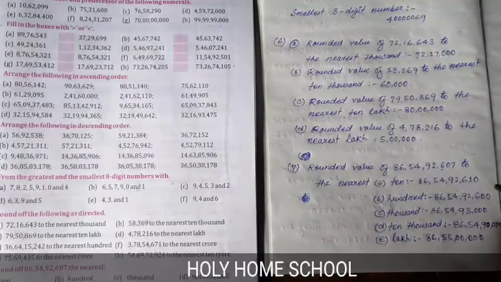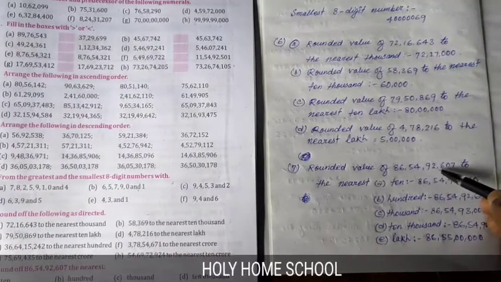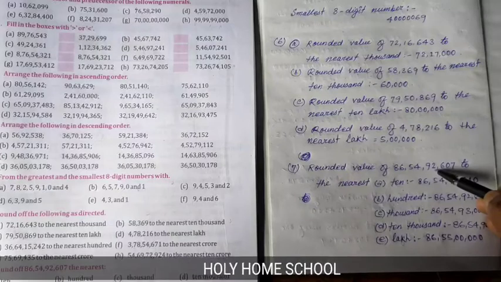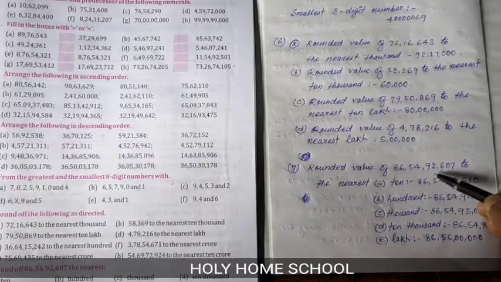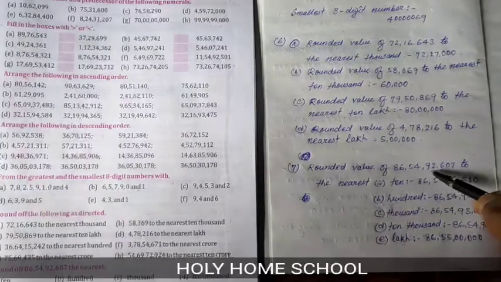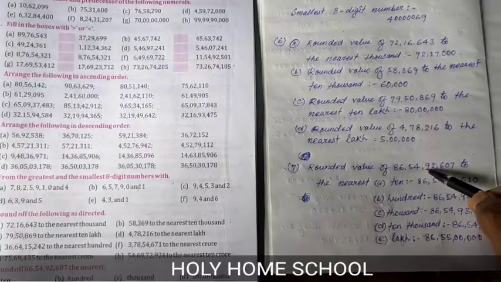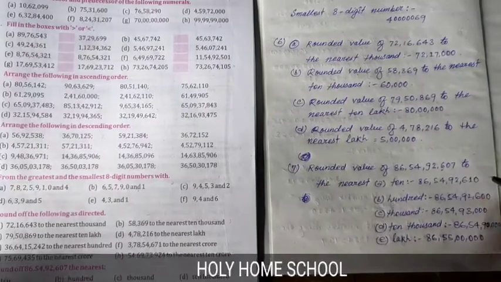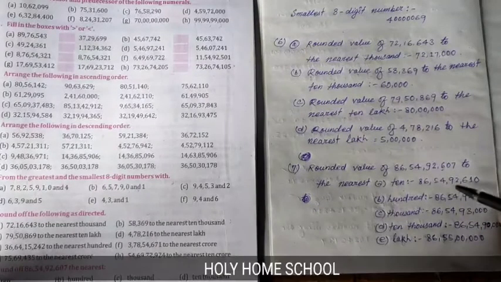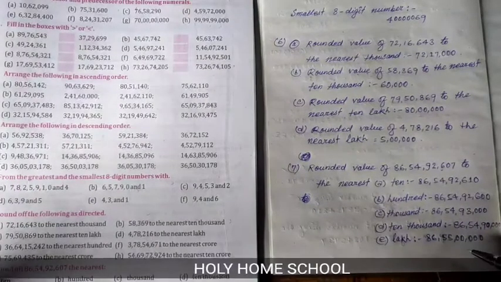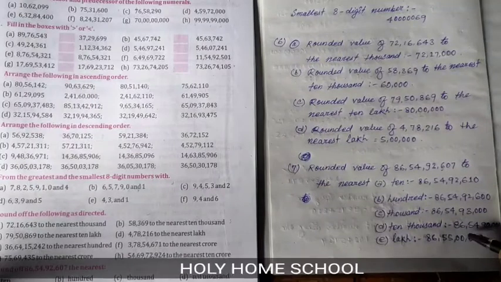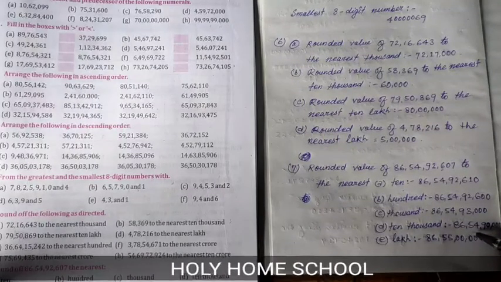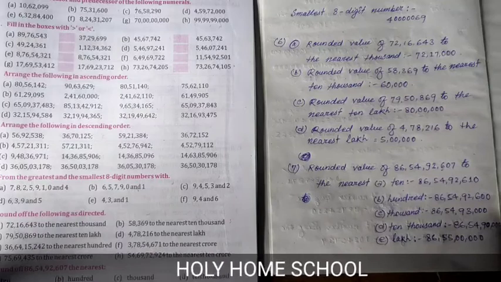Nearest 10,000, observe 1000 place number 2, that is smaller than 5, so the digit at 10,000 place will not be changed, and we write 86 crore 54 lakh 90,000.